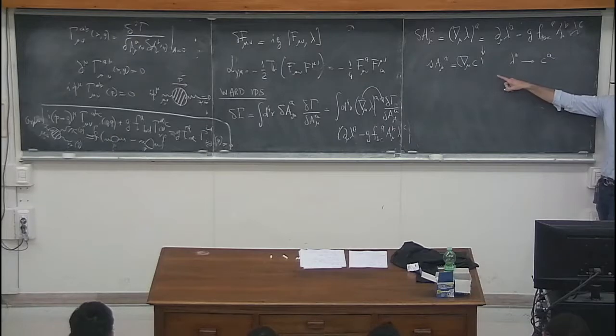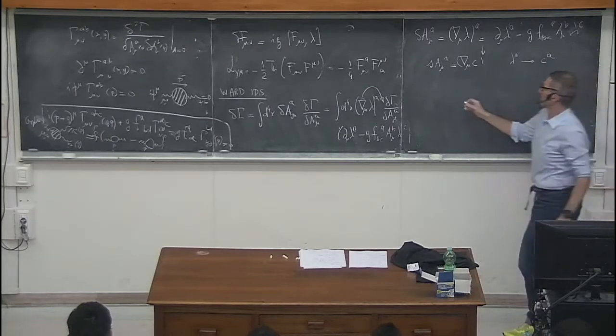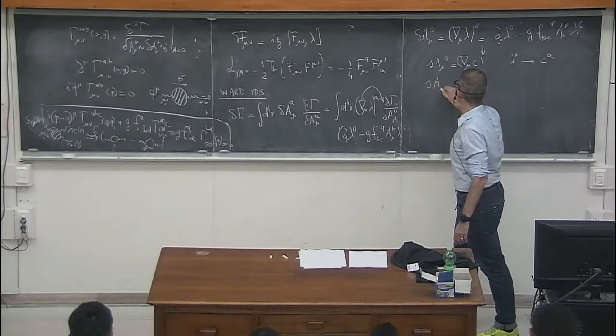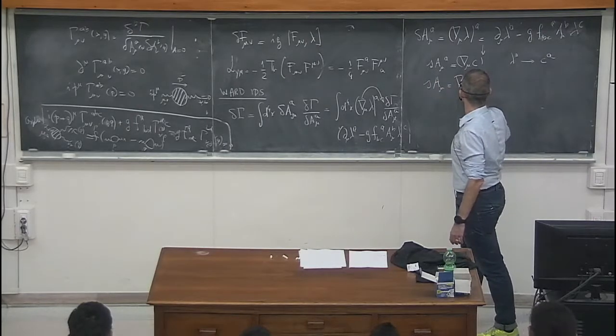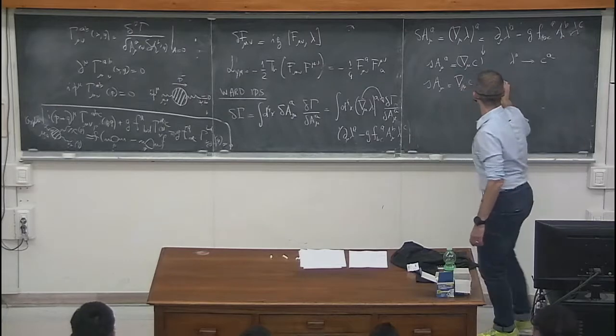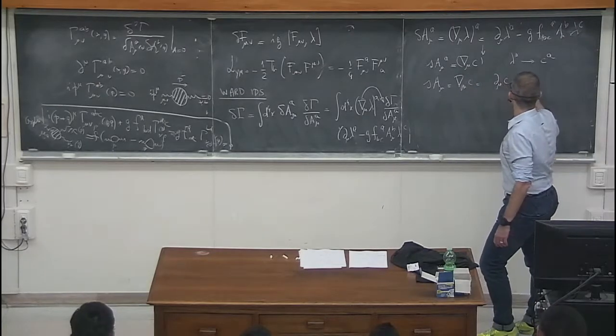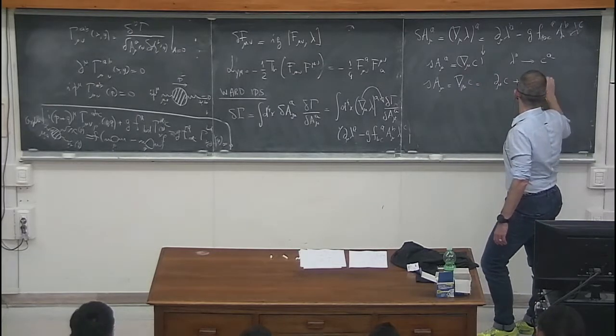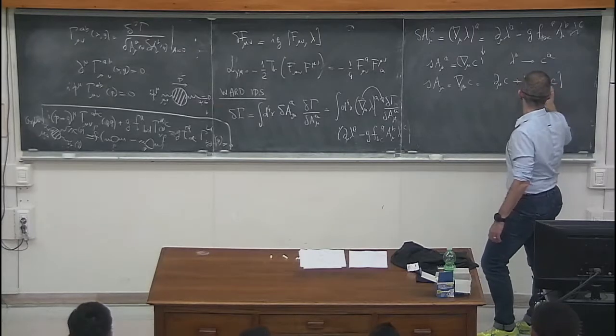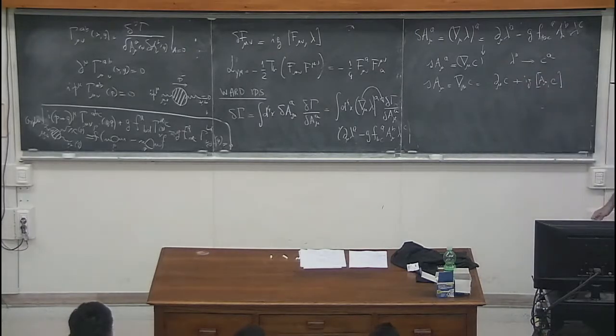Of course, you can do the same calculation using matrices instead of components. So delta of A mu is just the covariant derivative of C, which can be written as d mu of C plus i g times the bracket of A mu and C, in this way.